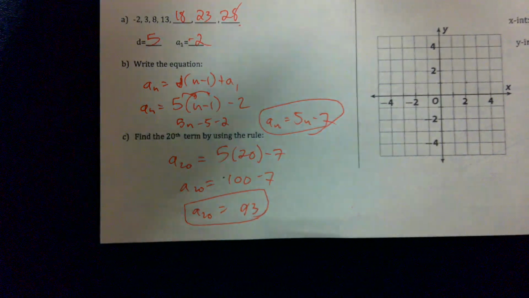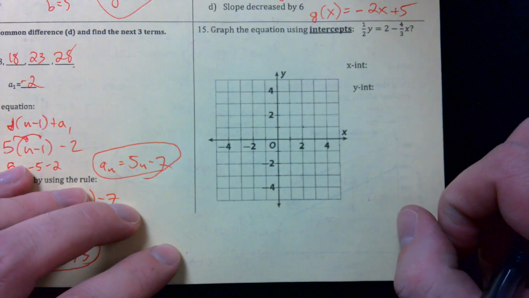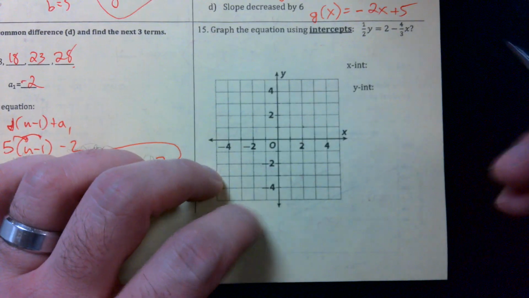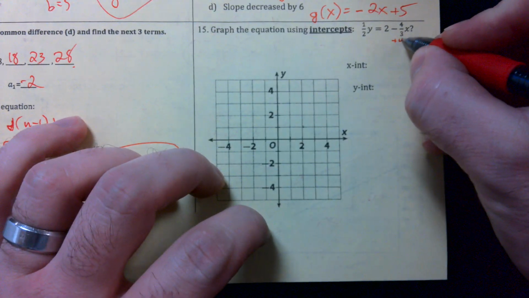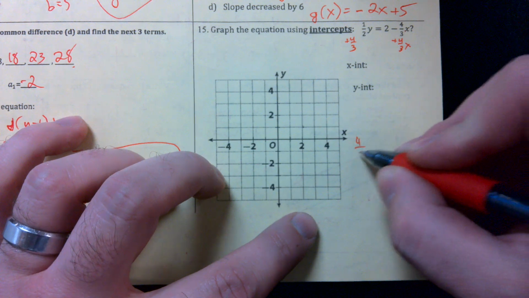And finally, just like our warm-up, graph the equation using the intercepts. Now this one's a little bit uglier because my x is on the wrong side. So if I add it over here, that might make my life easier.